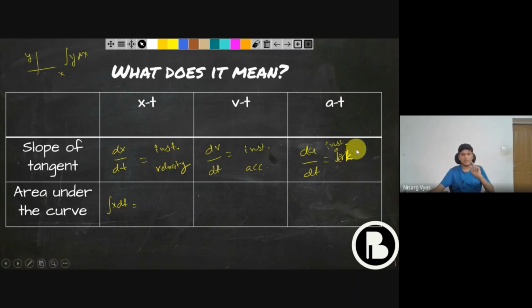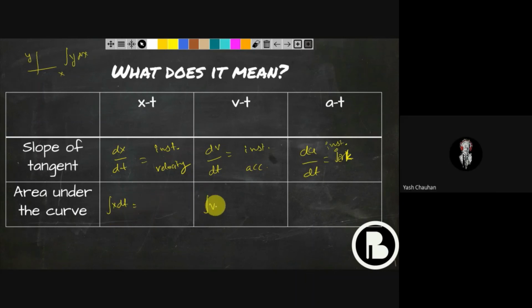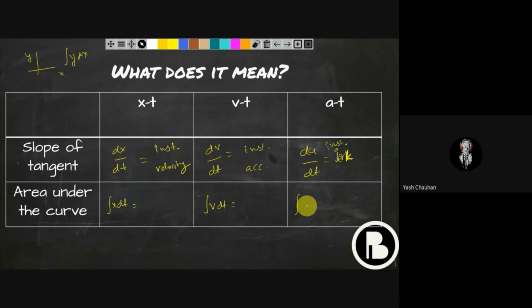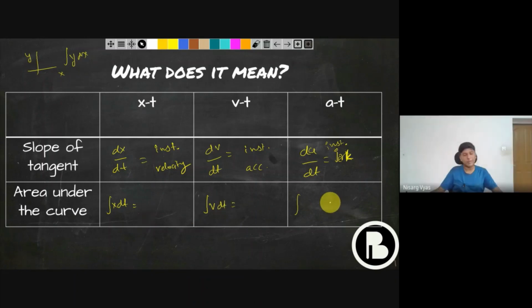But I don't know if there is something called average jerk or not. Maybe I have to figure it out. Mathematically we can have those types of quantities, but physically I don't have any examples for that.